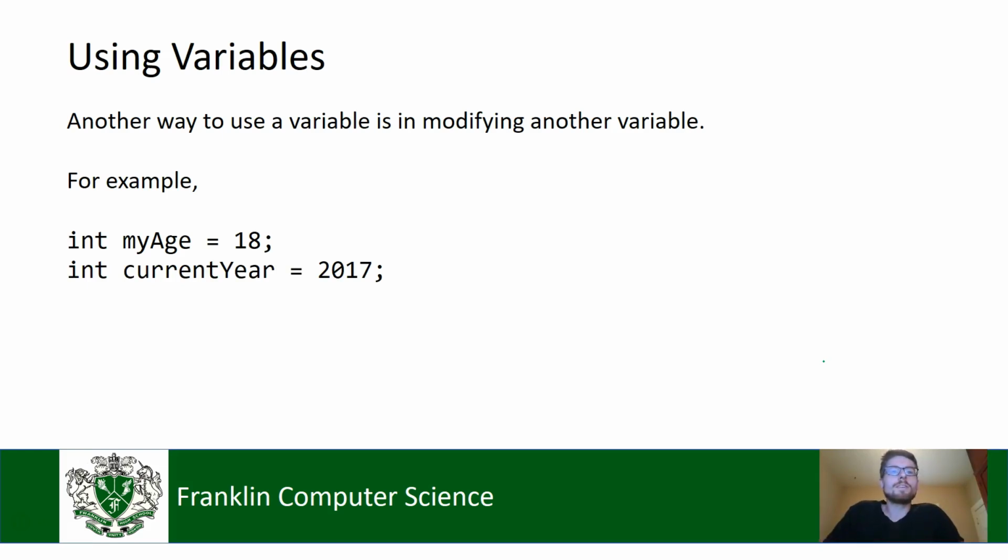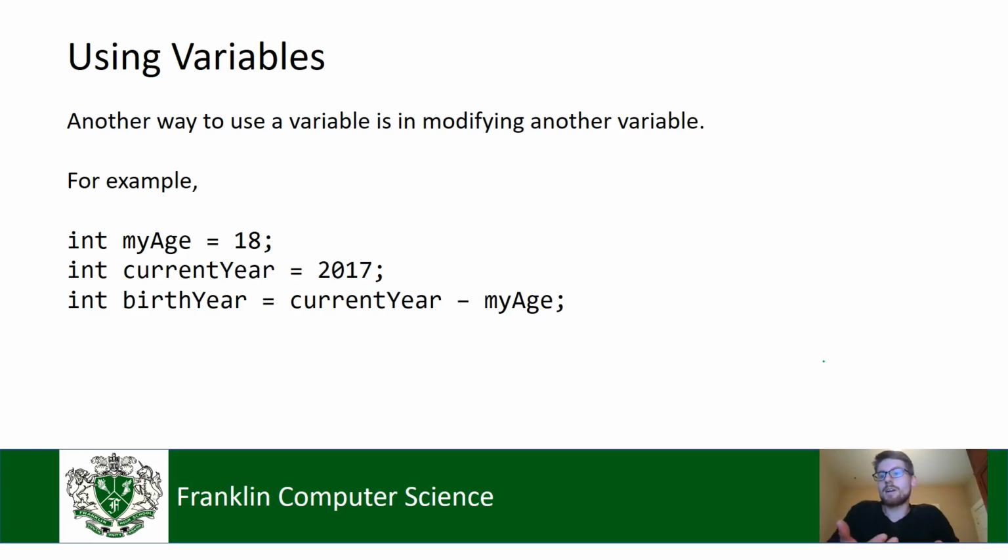And then the current year is equal to 2017. Based off these two values, you could calculate what year it was when you were born, right? Because your birth year is the current year minus how long you've aged.